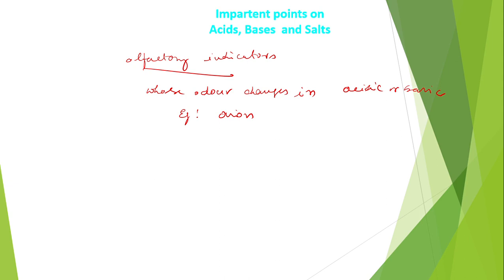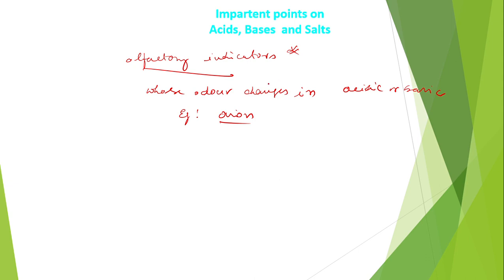The onion smell changes if the media changes from acidic to basic, or basic to acidic. So these are all called olfactory indicators. They may ask questions on this also.